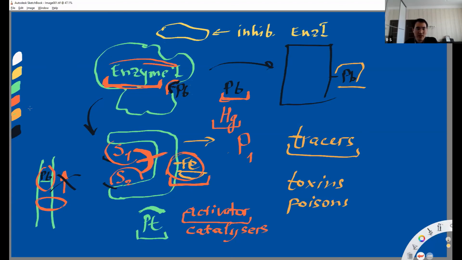Let's say it has an affinity to this place, and whenever it gets here, everything on the metal part of this enzyme is detached. So this is called the inhibition. It doesn't mean that we poisoned the enzyme. It just means that we made it inactive again. So actually inhibition is in contrast to activation.